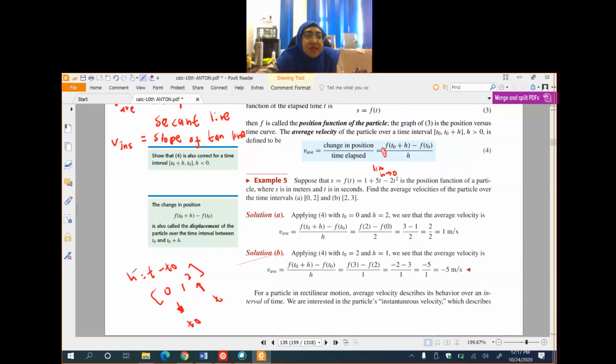So 2 minus 0 is equal to h. So f of 2 minus f of 0 divided by 2. And then 0 is meter.